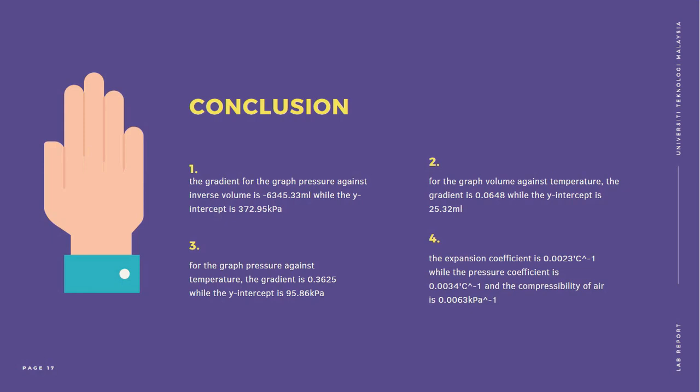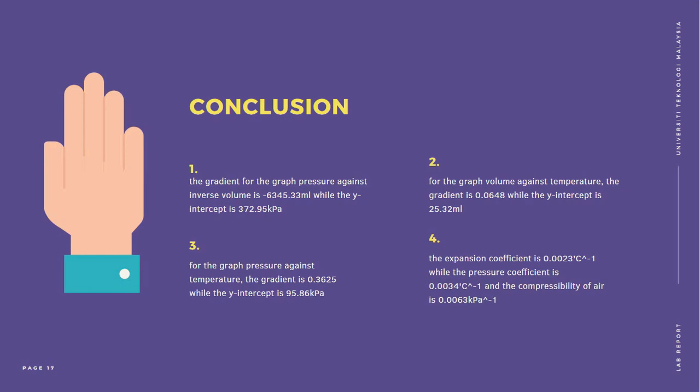And for the second conclusion, we got from the graph volume against temperature, the gradient is 0.0648, while the y-intercept is 25.32 milliliter. And for the graph pressure against temperature, the gradient is 0.3625, while the y-intercept is 95.86 kilopascal.